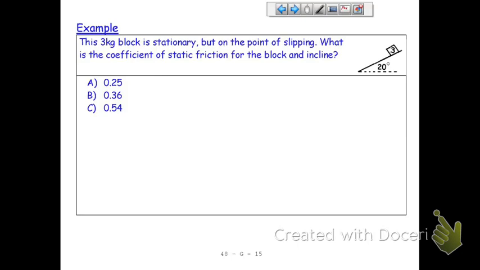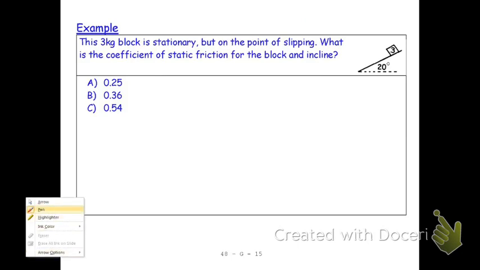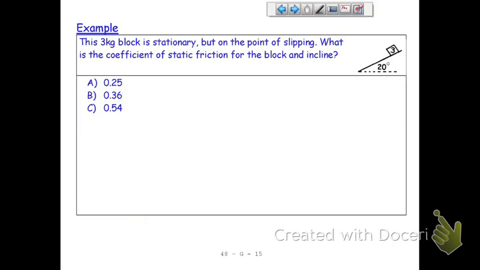Similar question, but not the same. A 3 kg rock is stationary, but on the point of slipping. What is the coefficient of static friction? It's 20 degrees. Little block, big arrows is always better.